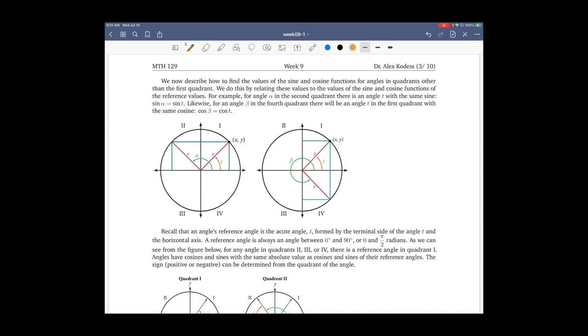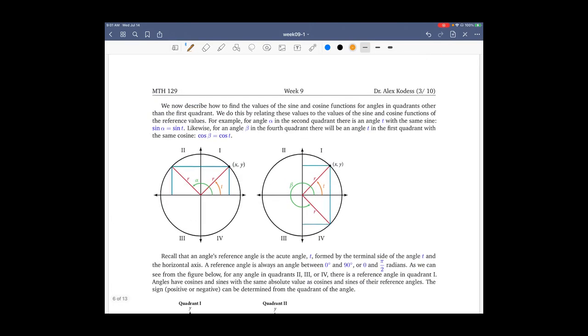The idea is the following. We use reference angles. Recall that with every angle on the unit circle, we associate its reference angle. A reference angle is the unique smallest acute positive angle between the x-axis and the terminal side of the given angle.